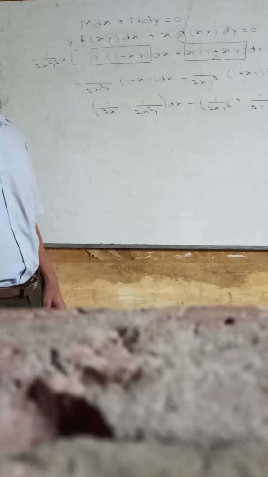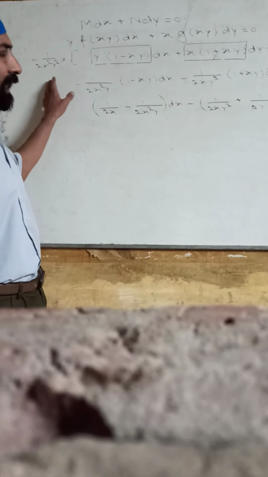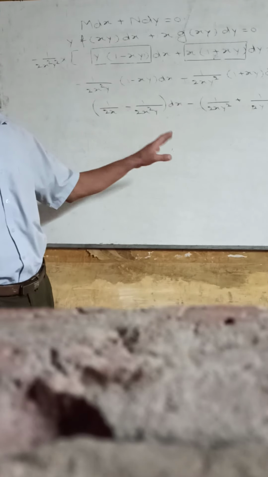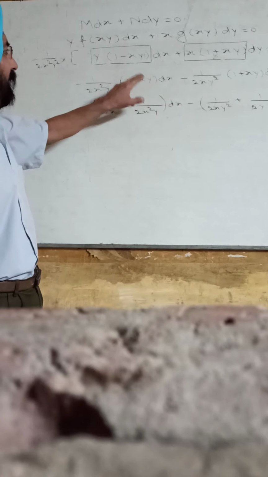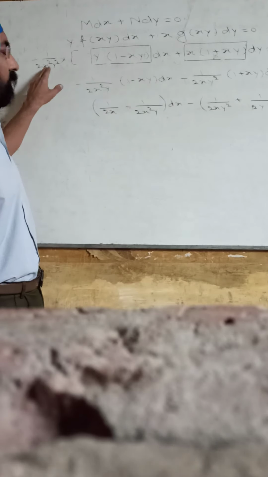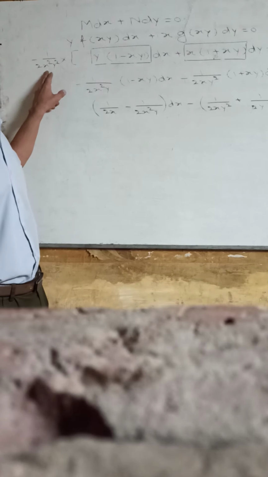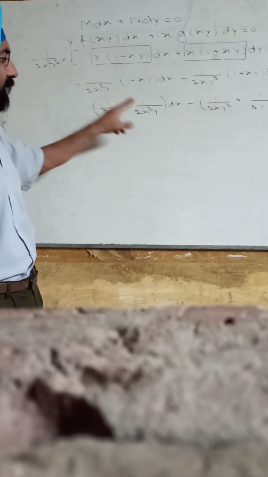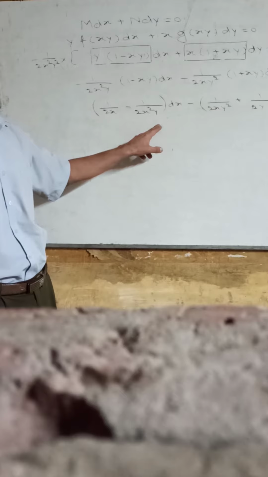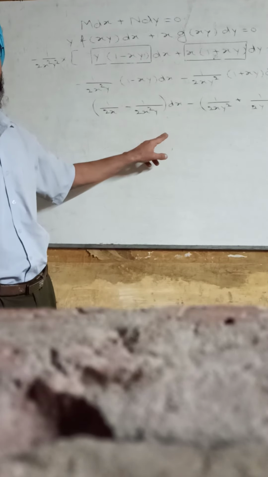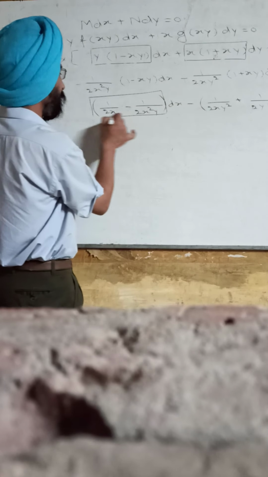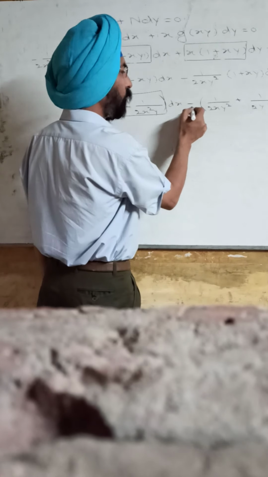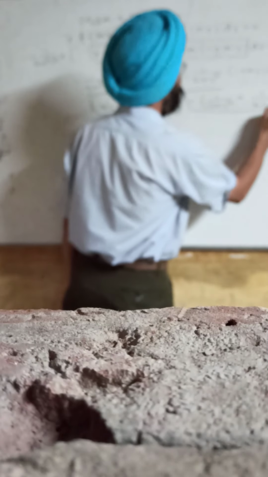Actually, the main role of this integrating factor is to make the differential equation exact. We have multiplied the given differential equation with the integrating factor, so there is no need to check whether this equation is now exact or not. It is exact. And your new M, including this minus sign, is this.